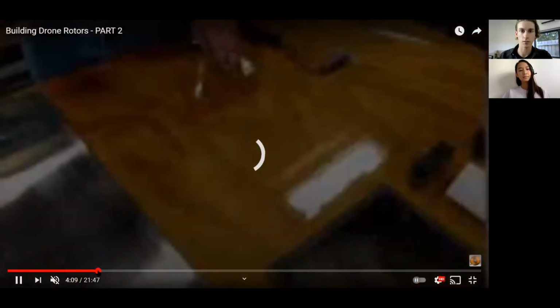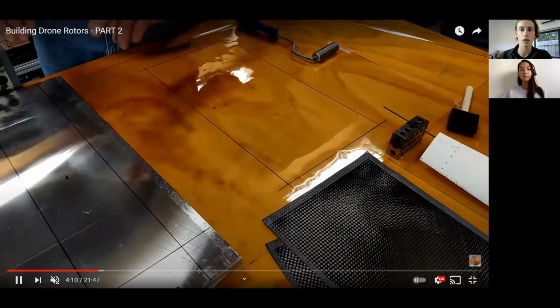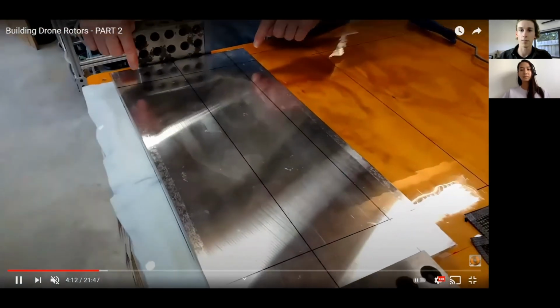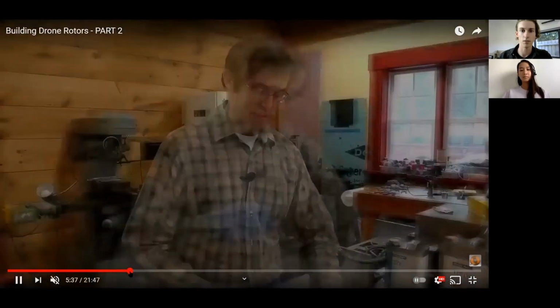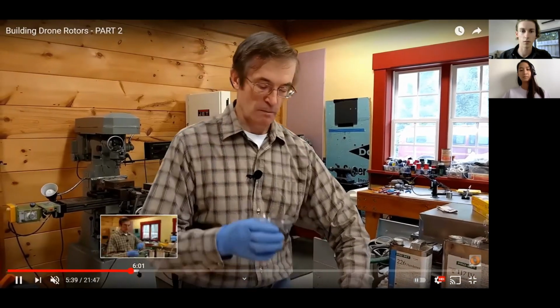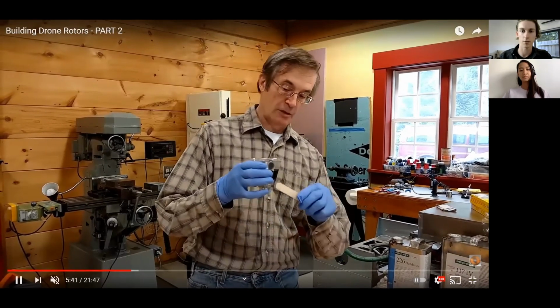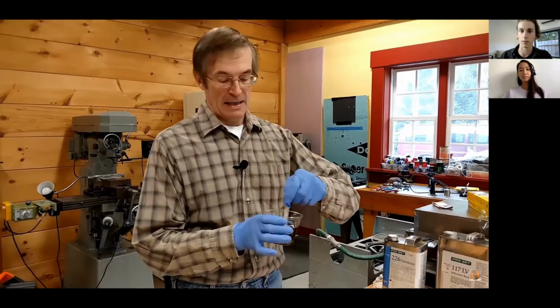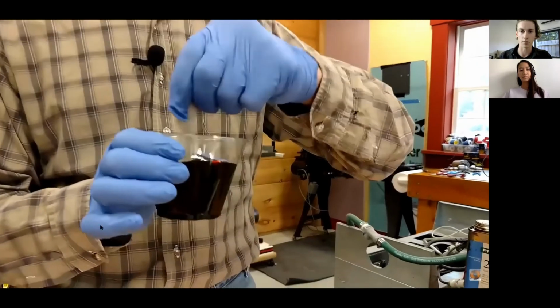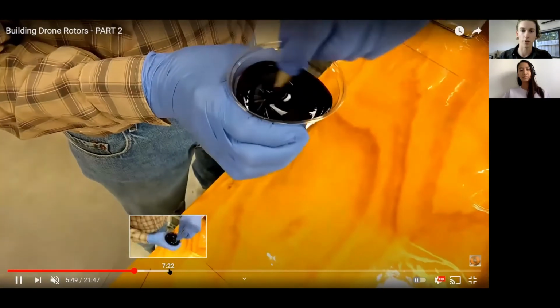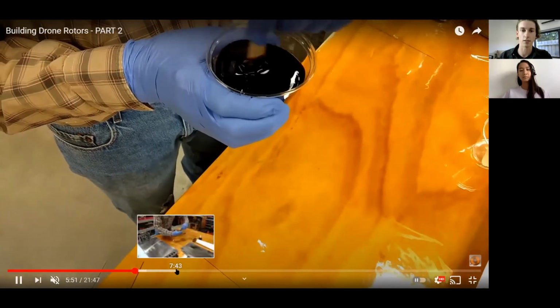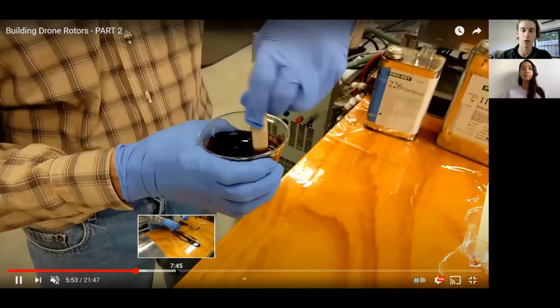So what he does is he's got the fabric sheets there, the carbon fiber sheets, and he's going to mix this epoxy resin. Hopefully you can see it there in that cup. That's the sort of glue that holds the different layers of carbon fibers together. And it's the composite of those two materials that makes carbon fiber polymer so strong.